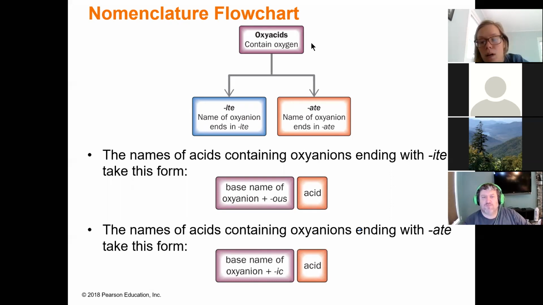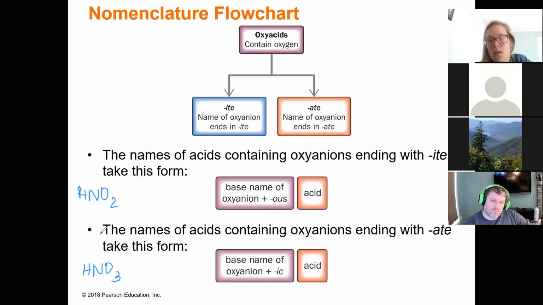I'm going to write 2 different ones here. Let's say for this guy, we have HNO2, and for this one, we have HNO3. This is hydrogen mixed with nitrite. Ites become ous.